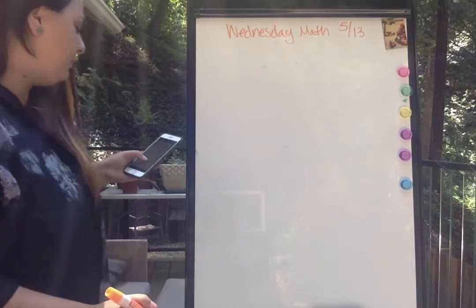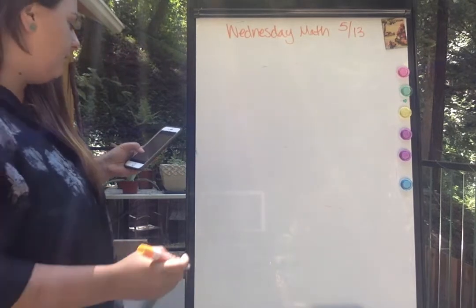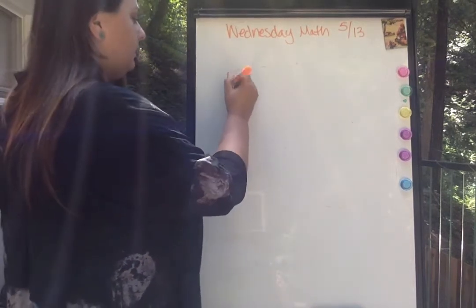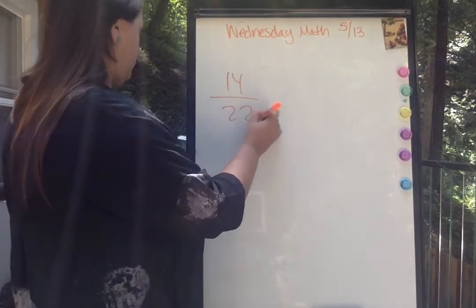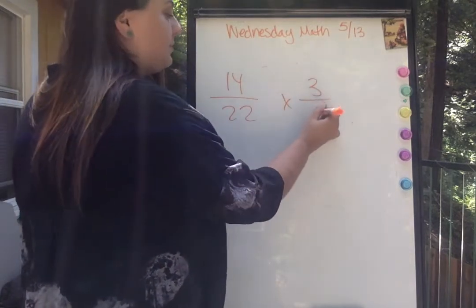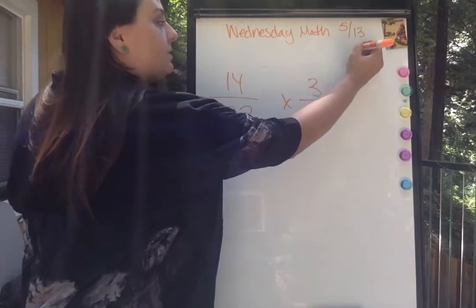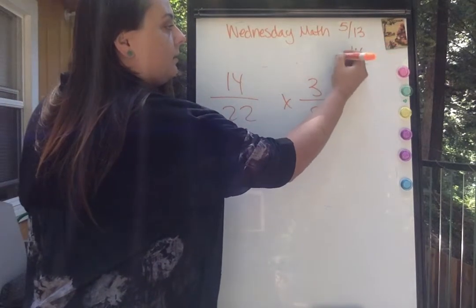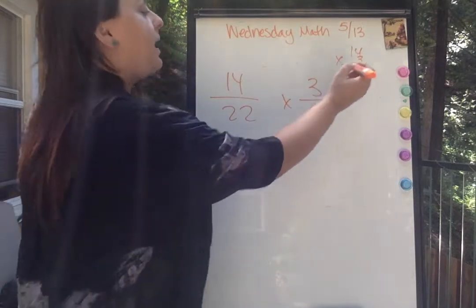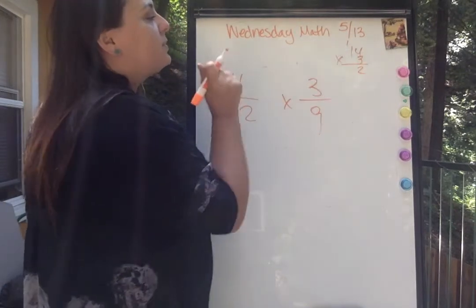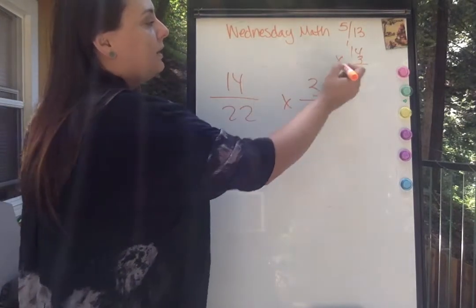Alright, now we're going to find the product and then simplify our answer. So we've got 14 22nds times 3 ninths. Now, don't do this in your head. Go ahead and write it out. So 14 times 3, 4 times 3 is 12. 3 times 1 is 3, plus 1 is 4.